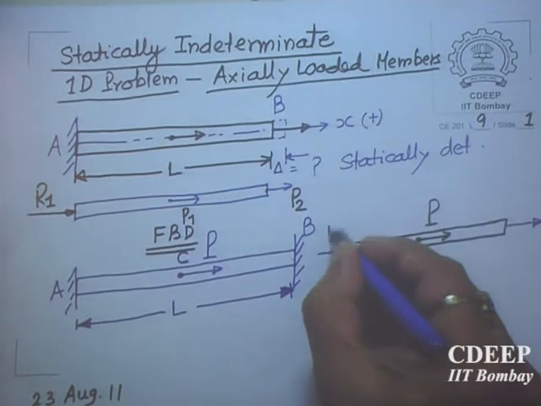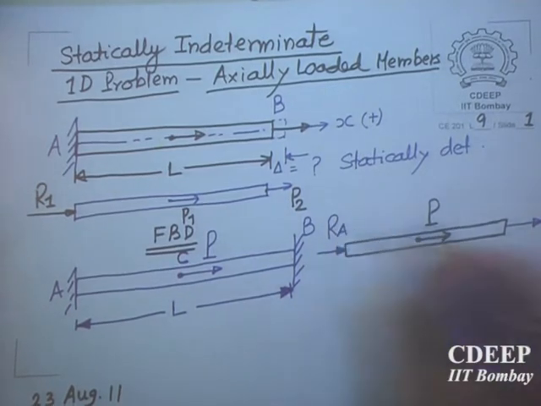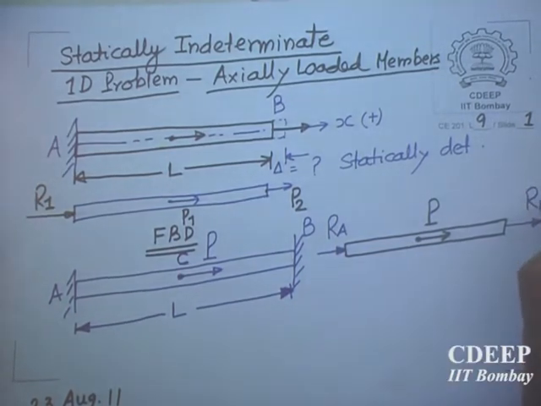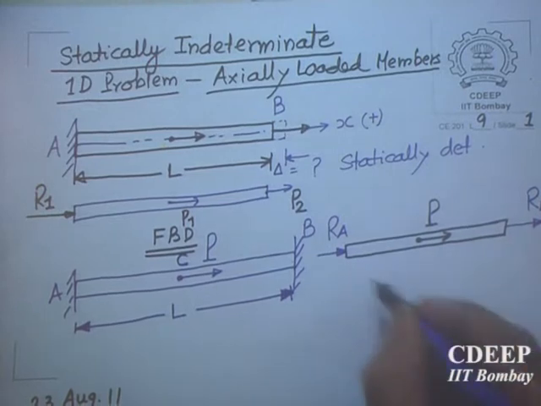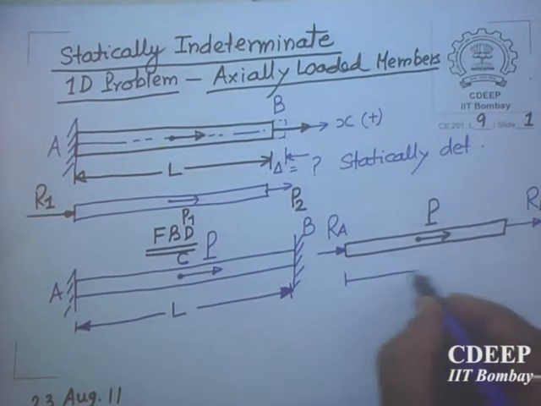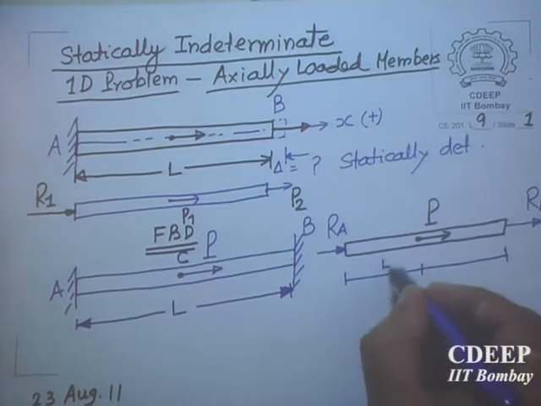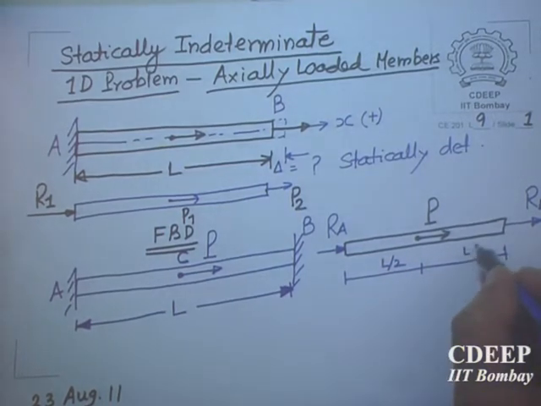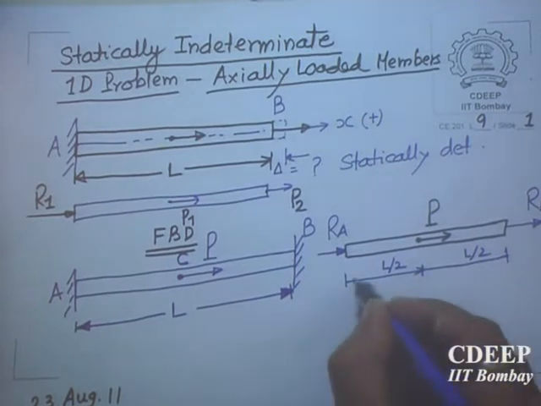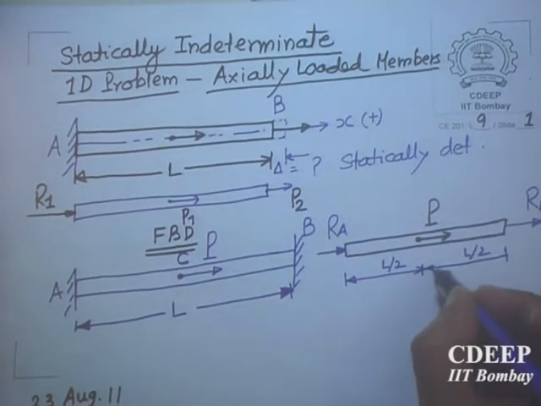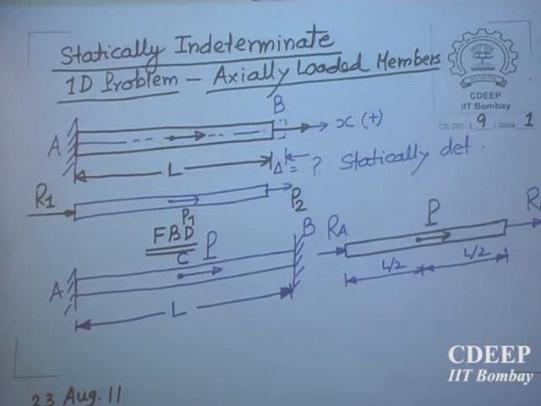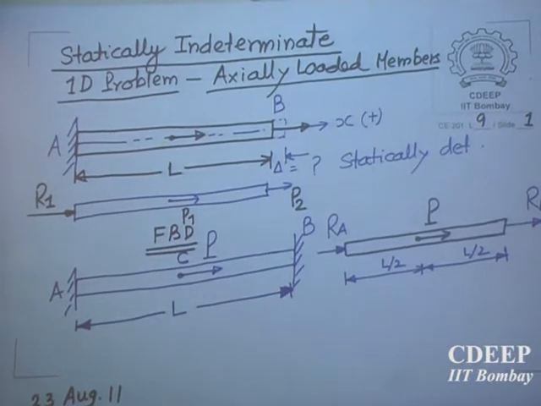These are RA and RB. P is applied in the center, so this is L by 2, this is L by 2. Now there are two reactions.